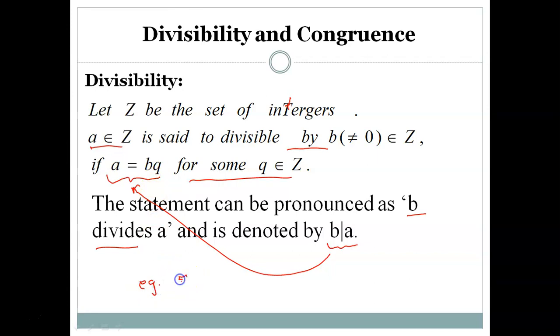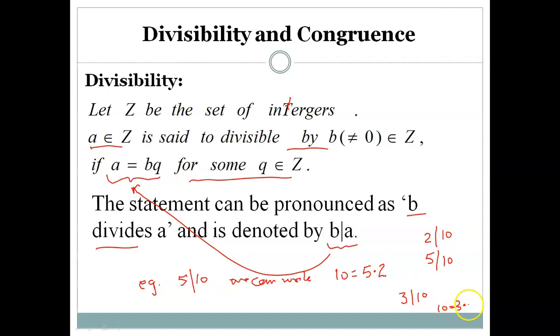For example, I say 5 divides 10. Why? Because we can write 10 equal to 5 into some integer, and that integer is 2. So here I can say that 2 divides 10 as well as 5 divides 10. But if I say that 3 divides 10, this is not correct. Why? Because you cannot write 10 equal to 3 into some integer.